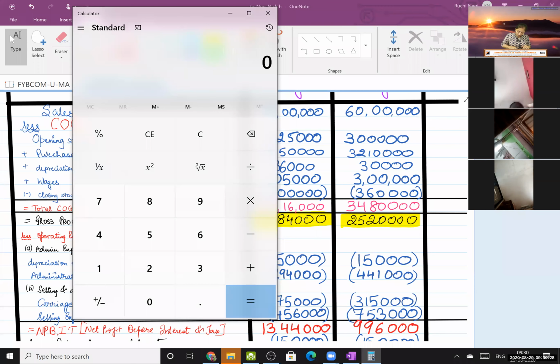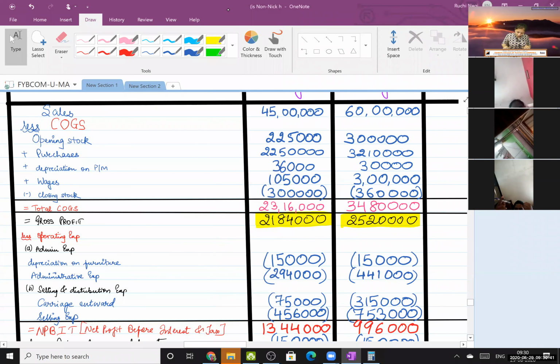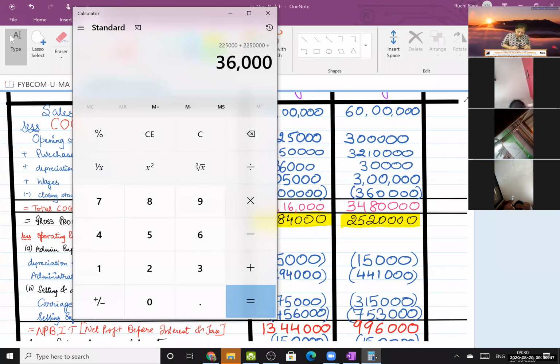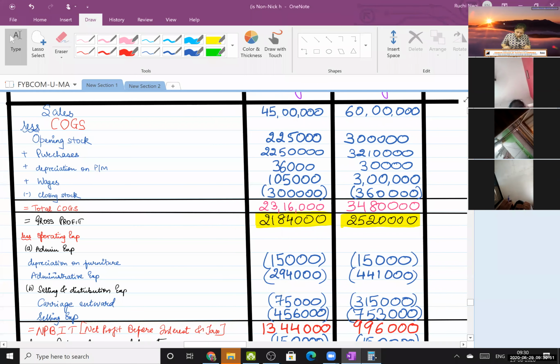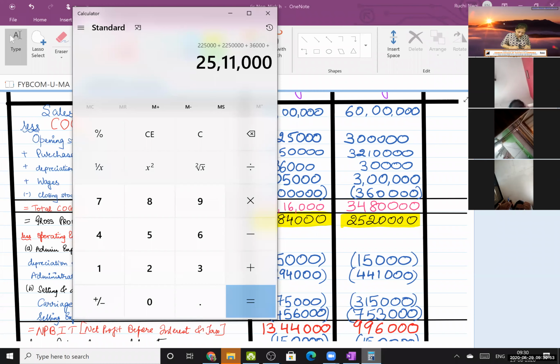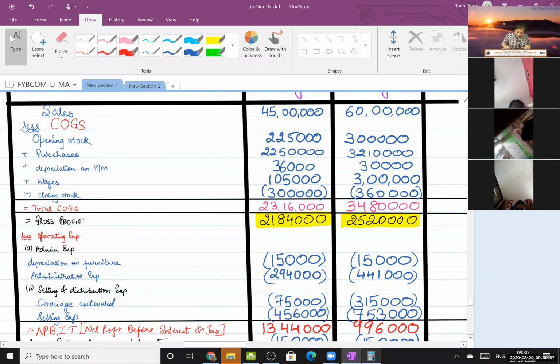Next. 2 lakh 25 plus 22 lakh 50 plus 36,000 plus 1 lakh 5,000 minus 3 lakhs.